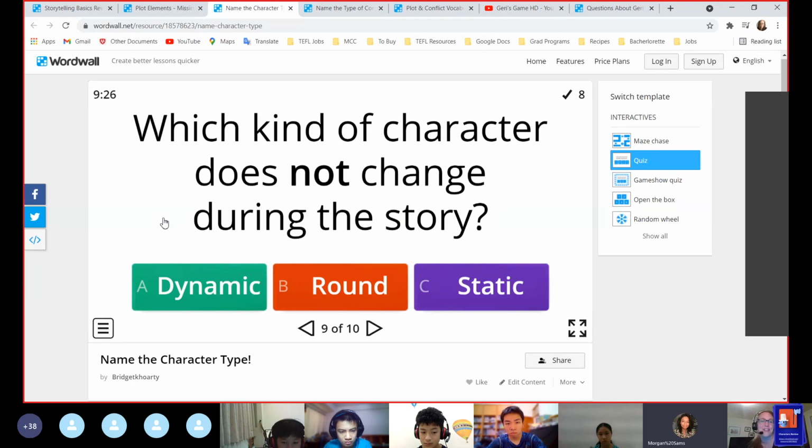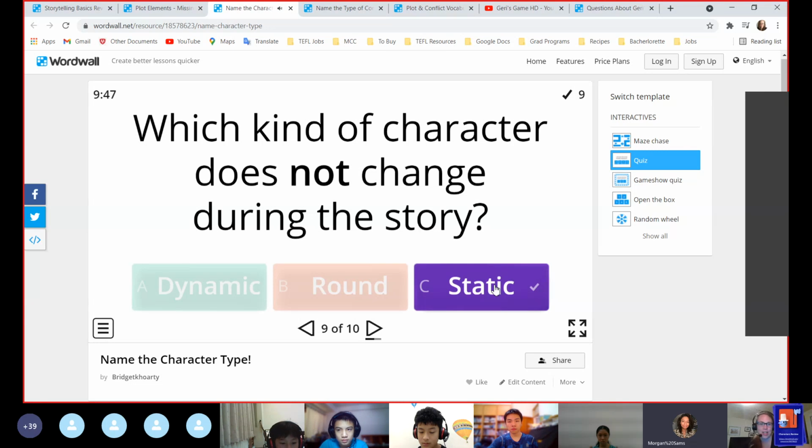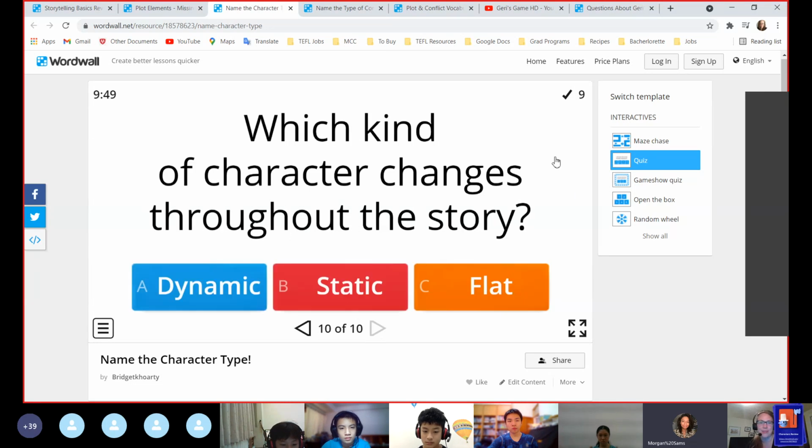Okay, raise your hand if you think it's a dynamic character. No. Okay, how about round? No. All right, does that mean static? Let's check it out. Yes, static characters do not change during the story.